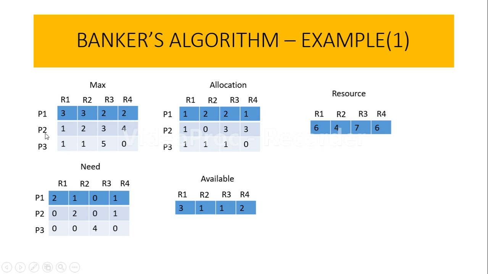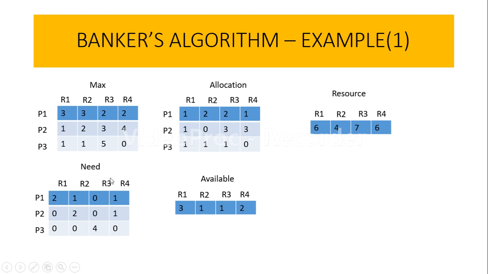Similarly, P2 can maximum use 1 instance of R1, 2 instances of R2, 3 instances of R3 and 4 instances of R4. Finally, P3 can use maximum 1 instance of R1, 1 instance of R2, 5 instances of R3 and it is not going to use any kind of resource R4.